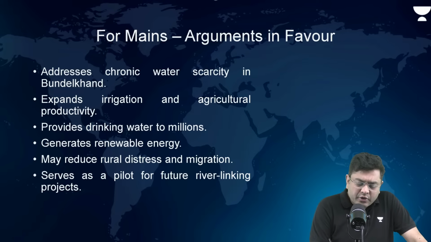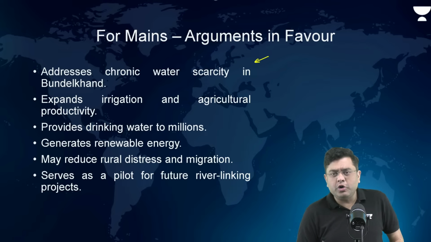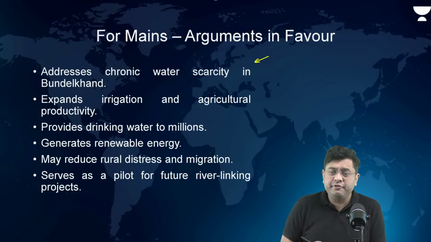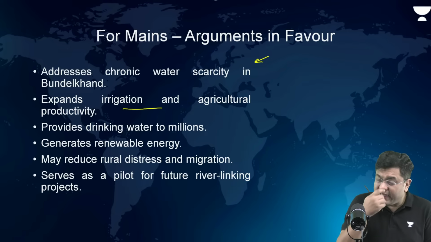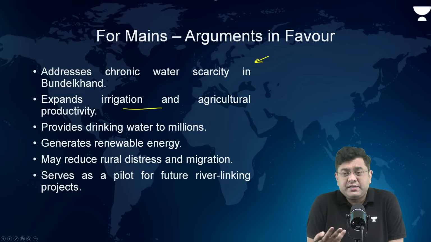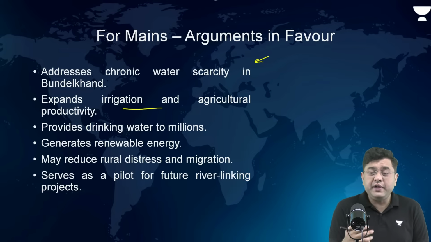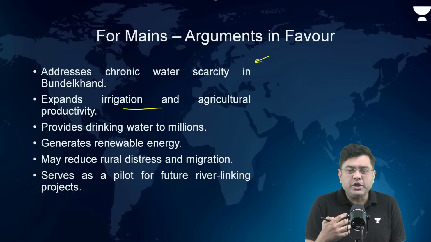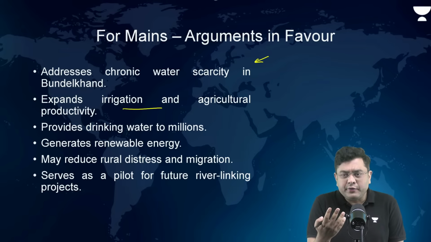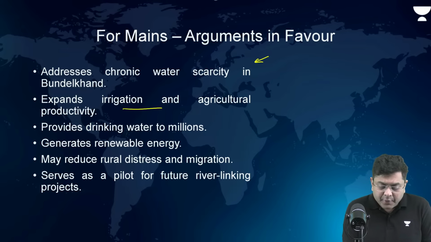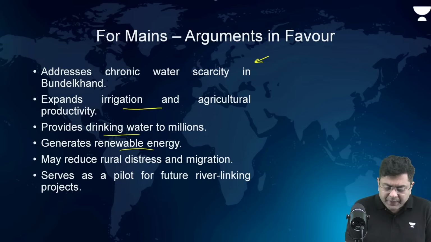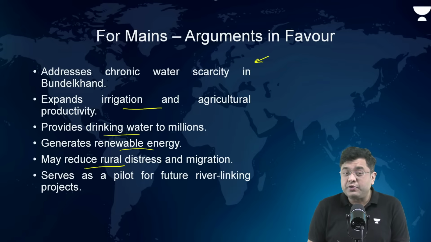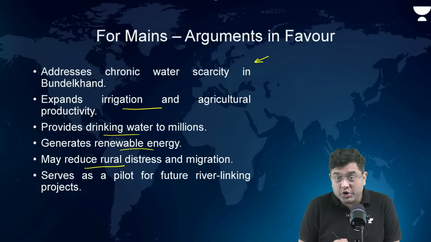So, addresses the chronic water scarcity in the region of Bundelkhand is the argument in favor why the interlinking should be carried out. Then expands irrigation and agricultural productivity, overall efficiency in the era of climate change. Basically, that is where it is very, very important to carry out the interlinking. Provides drinking water facilities to millions, generates renewable energy, may reduce rural distress and the migration.